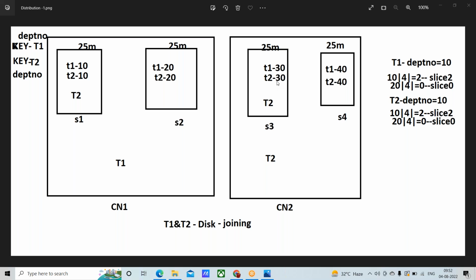But if the number of records does not match in both, like it is not completely divisible, suppose there are 49,000 employees and 50 departments, then there will not be even distribution.